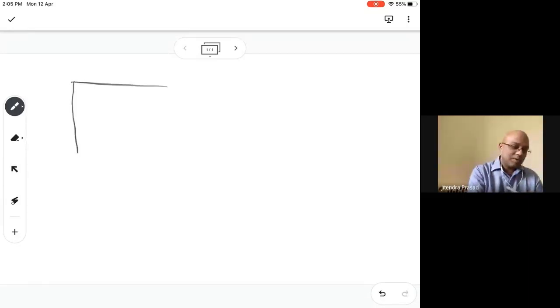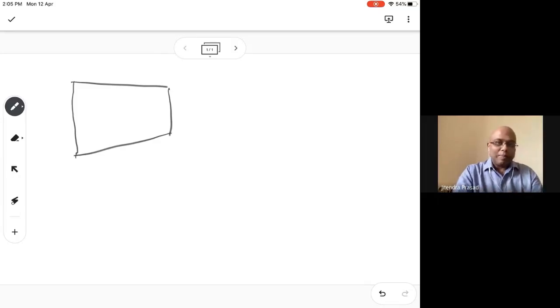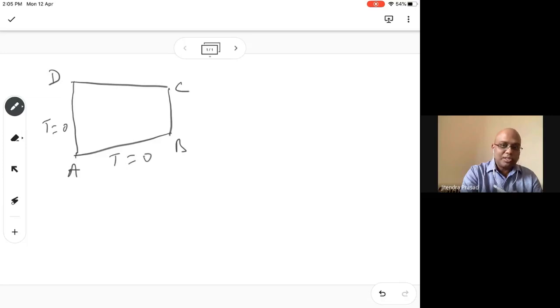Figure 8.2 is given like this, with A, B, C and D. T equal to 0 is given here, T equal to 0 is here, Q bar equal to 0 here, and Q bar equal to 20 here. And how to solve it?